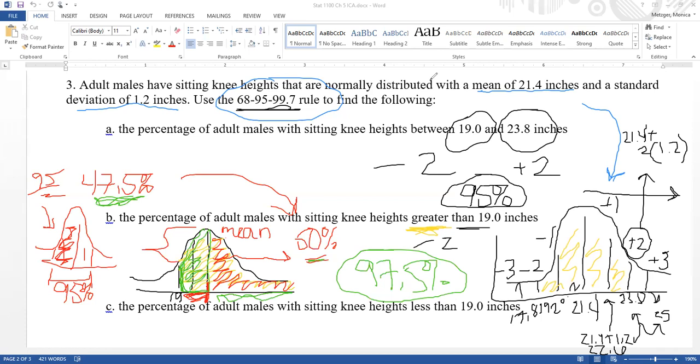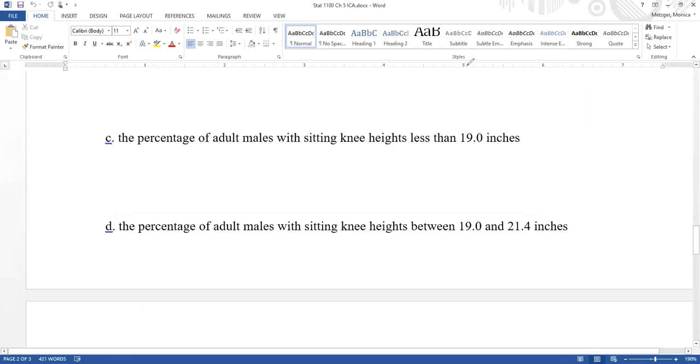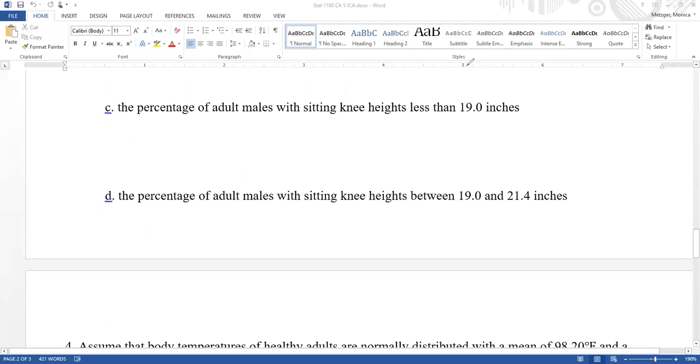I'm going to go ahead and clear this screen just to move down and do part C and D. So part C says the percentage of adult males with sitting knee heights less than 19.